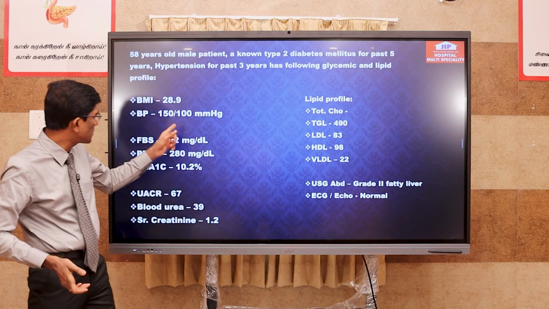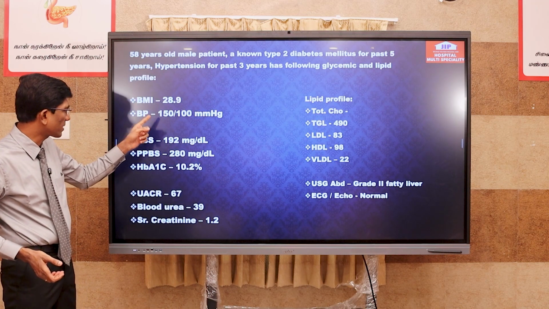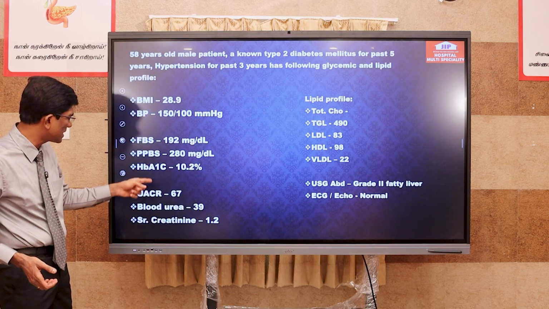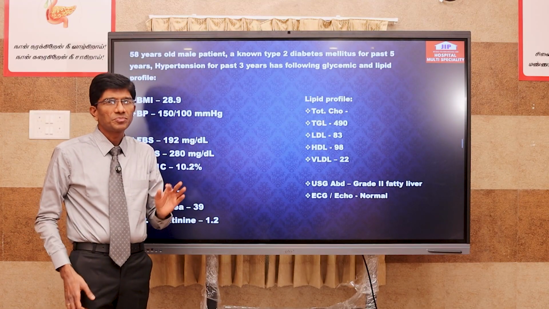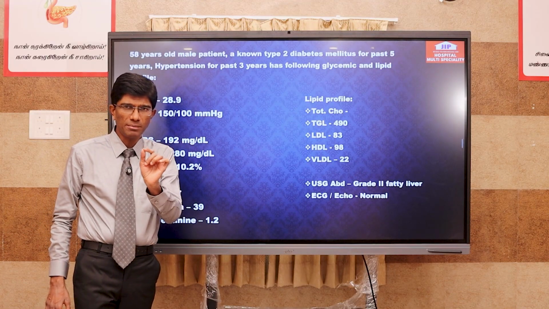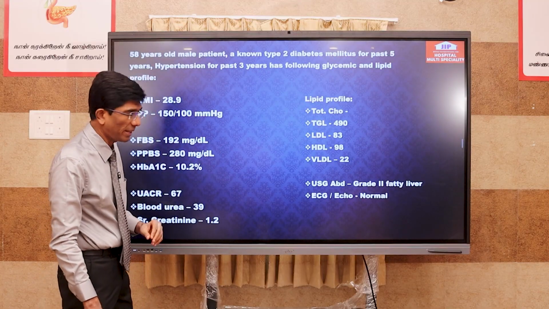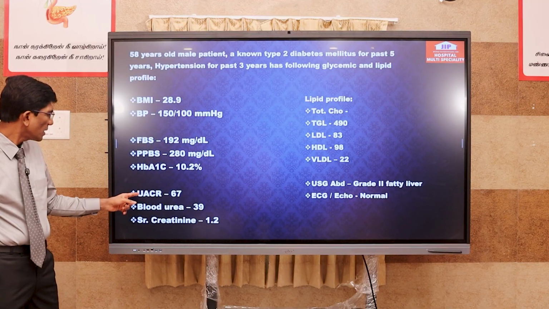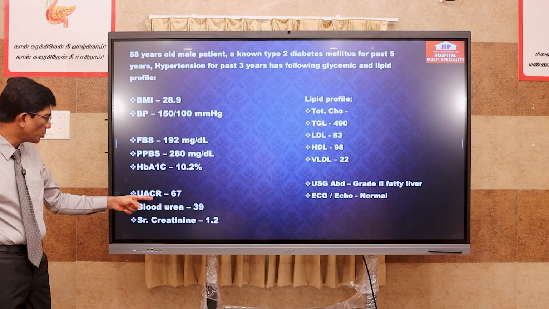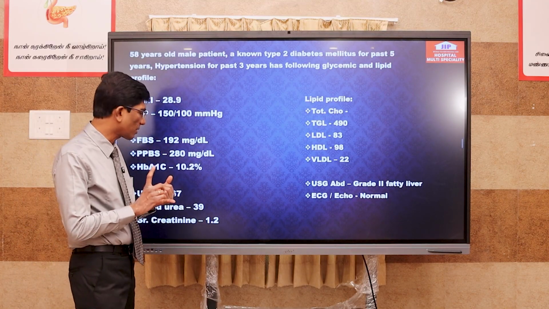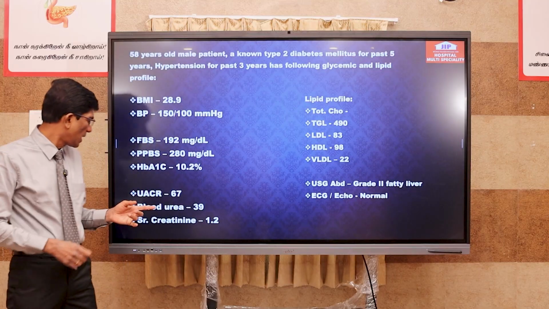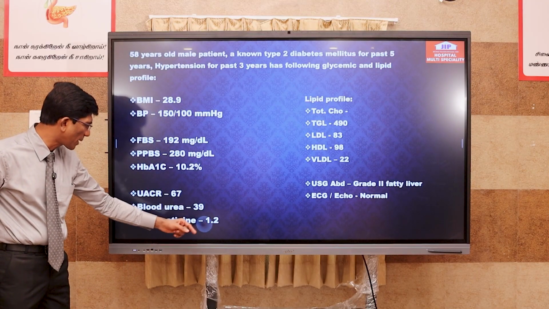So this patient, with consistent elevation of blood pressure and this albuminuria, definitely deserves telmisartan 40 milligram once daily. This is my opinion. This patient has also undergone urea creatinine, and the creatinine is 1.2.